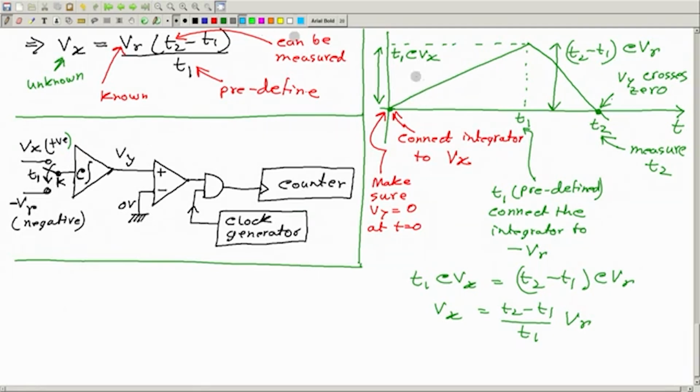So connected to Vx here, and this is the period where it is connected to Vr. Okay. From this time measured, you can measure this unknown voltage. Okay.